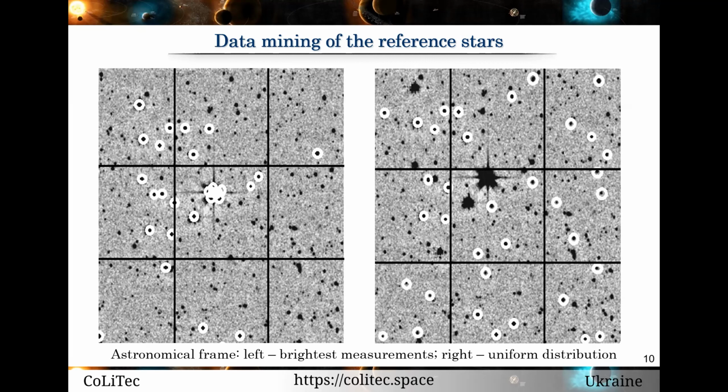Therefore, it is necessary to fragment the frame into equal areas for uniform distribution of identified pairs when selecting candidates for reference stars. In each such frame fragment, the same number of objects with the brightest measurements is selected.